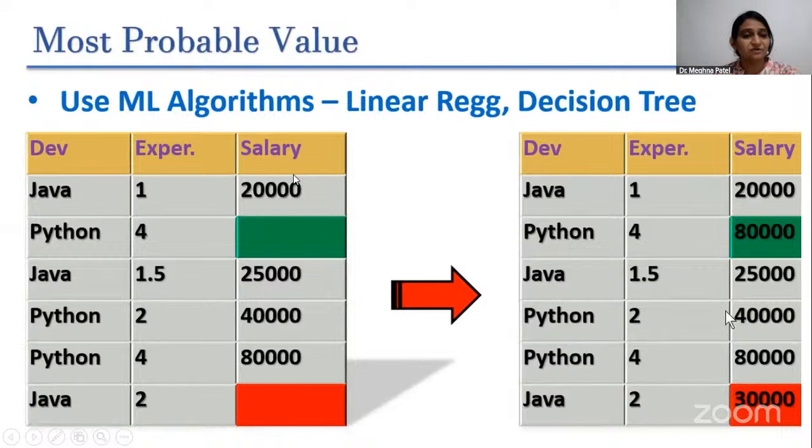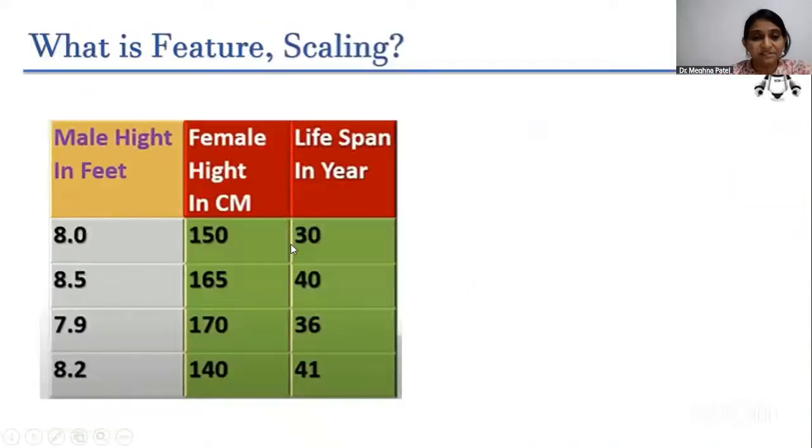Then using an ML algorithm, we have seen this practically also. We used the imputation class and filled the data. Whatever data is available with us, we give it to train the model. The algorithm will learn from the data, and based on that it will give the values which we can fill for the missing values.